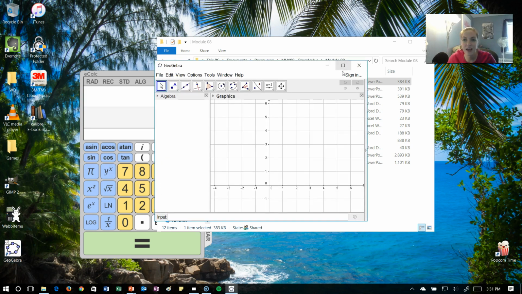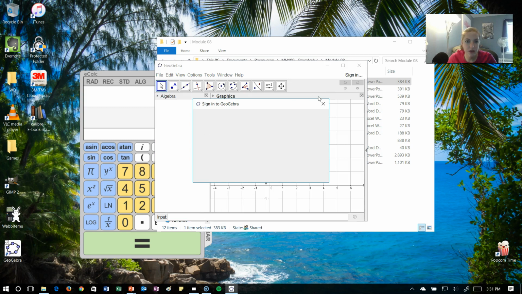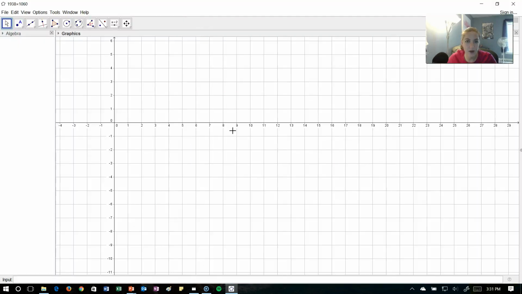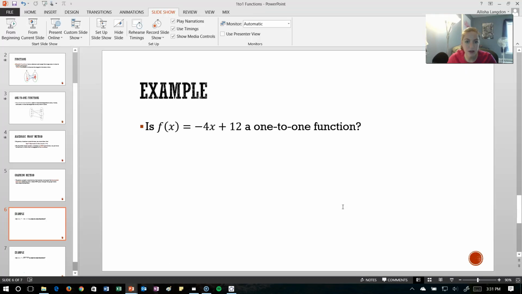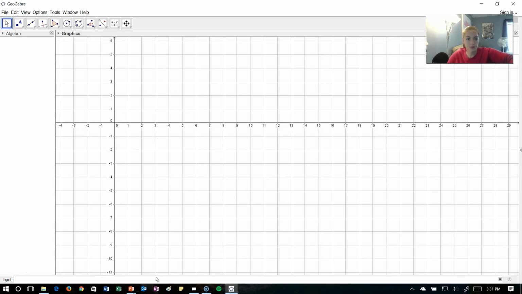Let's see, what is our function? Negative 4x plus 12. Okay, so we have a beautiful graph here.